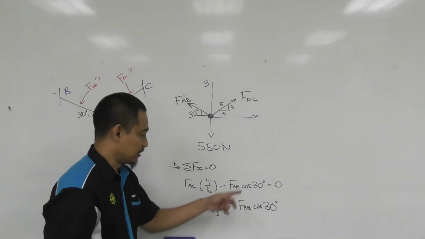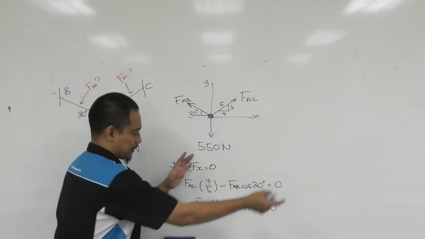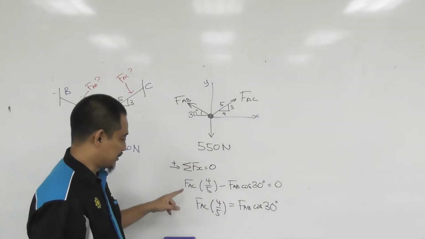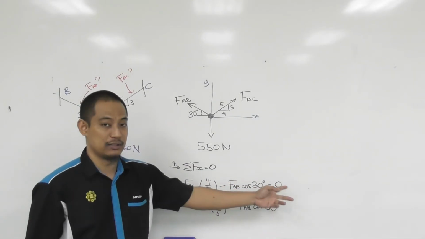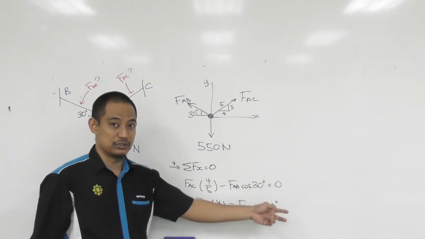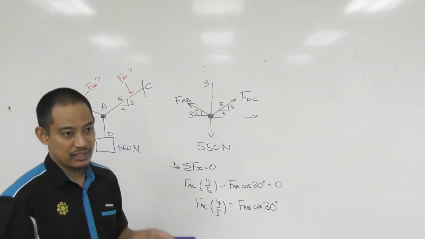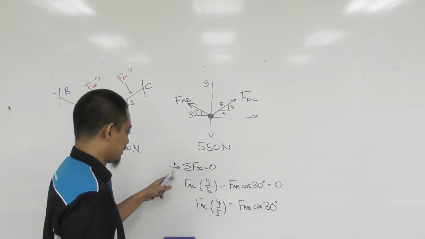That's summation of Fx. It should be equal to 0, and this is already the calculation step. You have brought something there, etc. Now, if you skip this one, you miss some marks. If you skip this one, you miss some marks also, right? Because that's the original summation of forces equal to 0. So you should not skip all of these steps in the exam if you want to score all the marks, right? Now, this is for Fx.